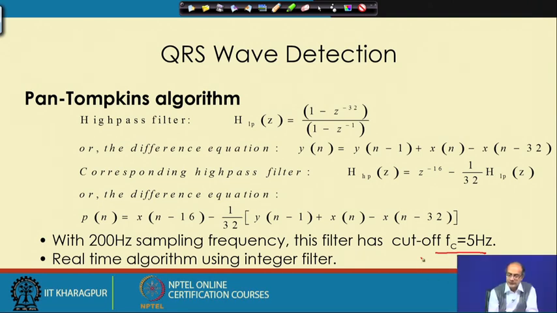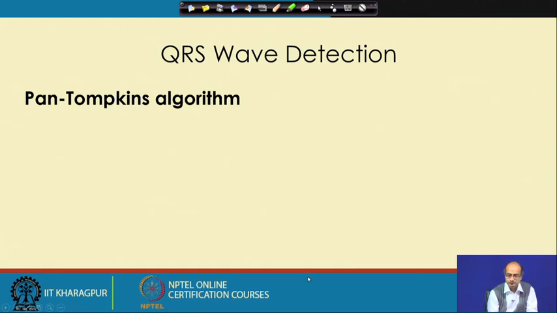So, below the 5 Hertz, all the low frequency signals are also eliminated, and Pan-Tompkins has found that most of the energy of the QRS complex is concentrated within this band 5 to 11 Hertz, and if we just keep that and throw away the other part, that is good enough for the QRS complex detection. And this real time algorithm helps us to do the fast operation, and for that the integer filter is used again.